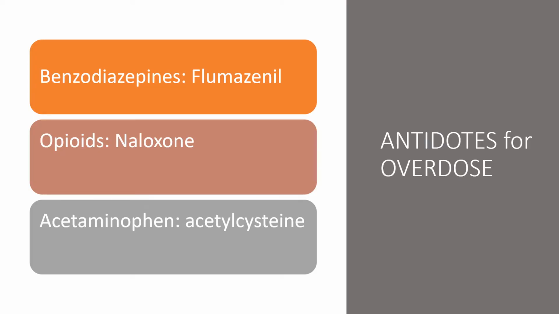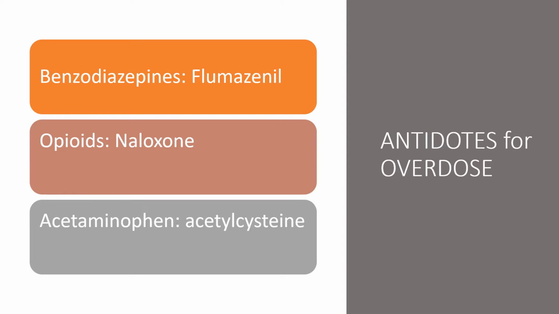Okay, so let's just look at a couple of antidotes here. So benzodiazepines have a full antidote called flumazenil. So if someone comes in with an acute benzodiazepine overdose, what's the first thing to do? Airway, breathing, circulation, right?